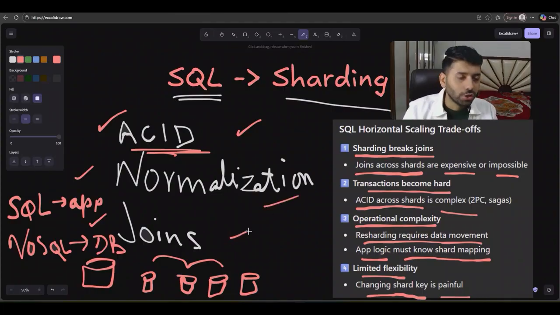It is good at joins because SQL is basically a relational database, so maintaining relations between multiple tables using keys is what SQL is about. Joins are good in SQL, but the problem comes when we talk about horizontal scaling, scaling the writes, or using sharding, because across shards, doing joins and maintaining ACID properties becomes really complex. And overall, the sharding is not automatic in SQL. It happens at the application layer logic, and that is complex to handle. Okay, all right, so this was about SQL.